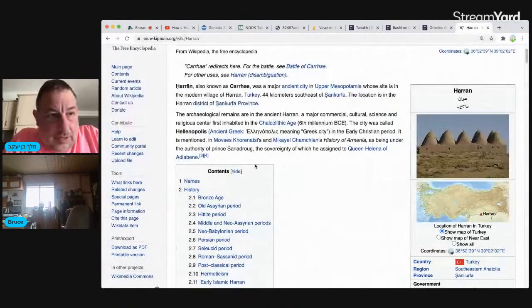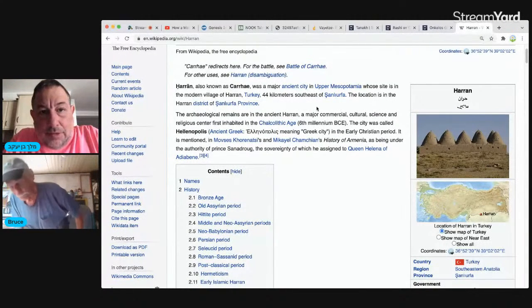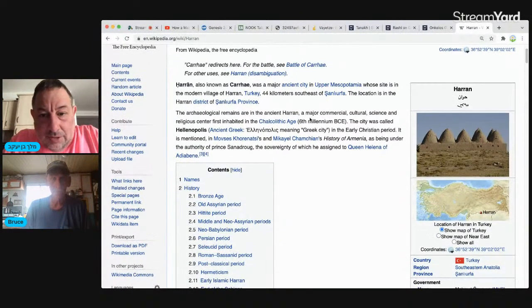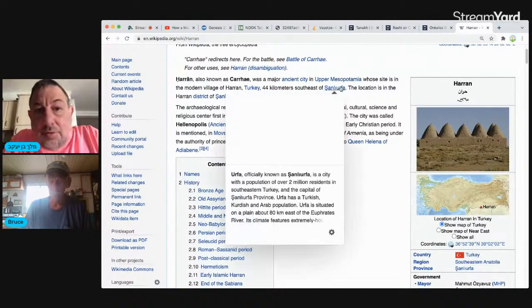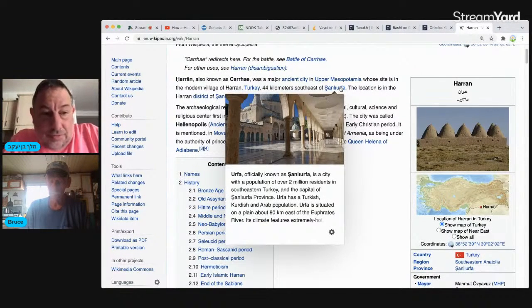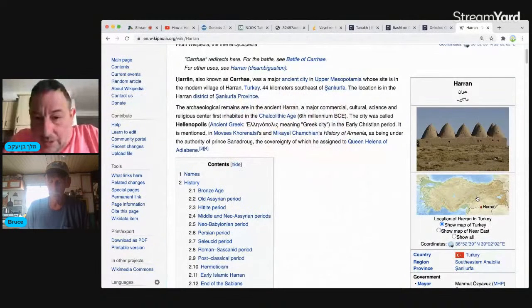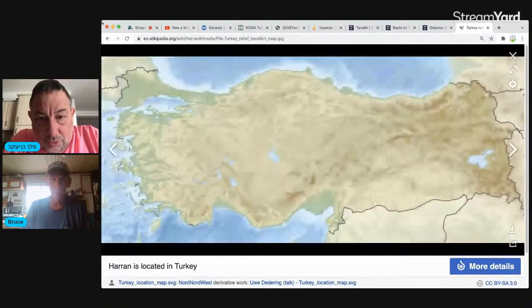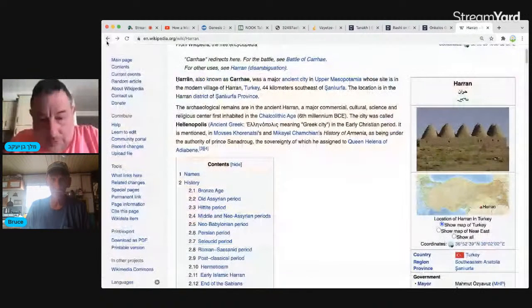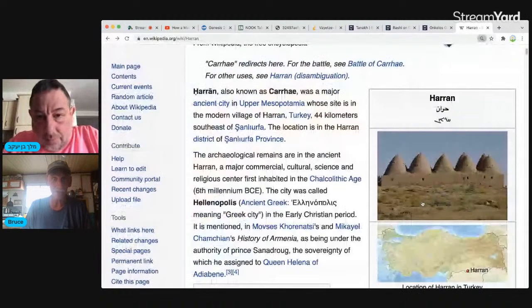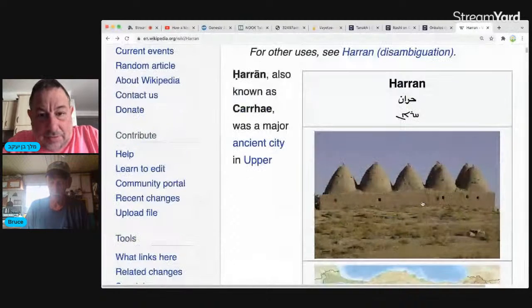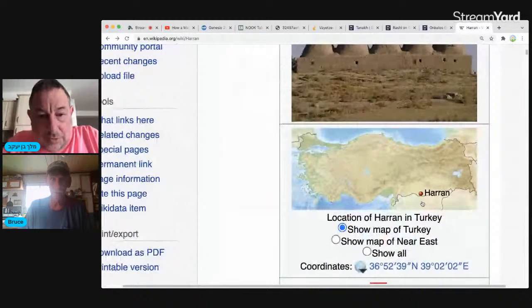If we look at Haran, also known as Karhe, it was a major ancient city in Upper Mesopotamia, whose site is in the modern village of Haran, Turkey, 45 miles east of Sanliurfa. That's Turkish lettering. At any rate, there's an actual place in Turkey today called Haran. They believe they've found the ancient city of Haran that's being referred to in the Tanakh, and there it is.